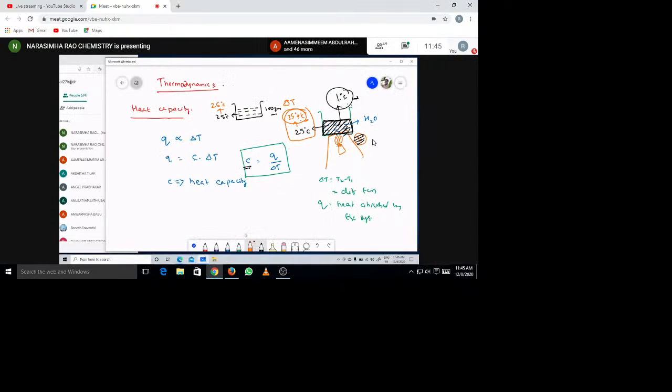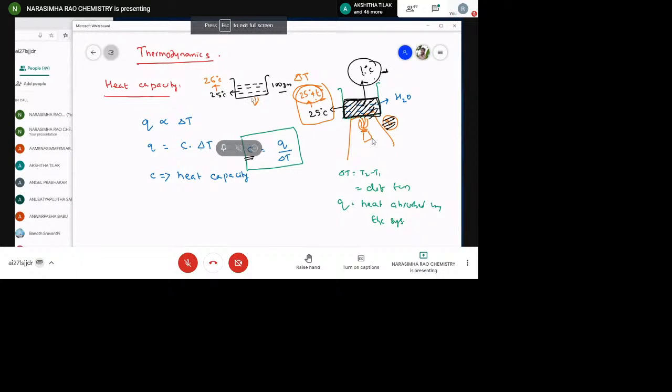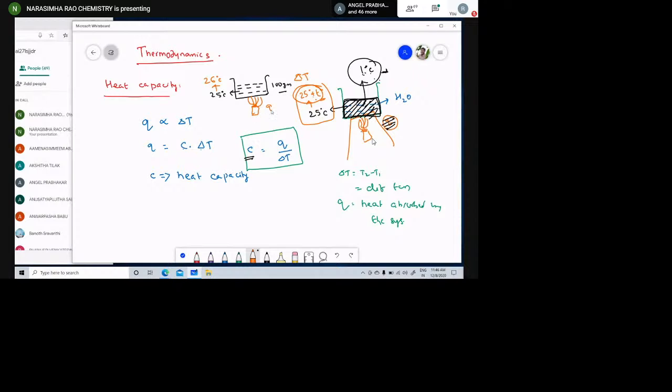To raise the temperature of this water, we have to give some amount of heat or energy. Such a quantity of energy required to raise the temperature of a system by 1 degree centigrade is called heat capacity. Once again, the amount of heat required to raise the temperature of a system by 1 degree Celsius is called heat capacity.